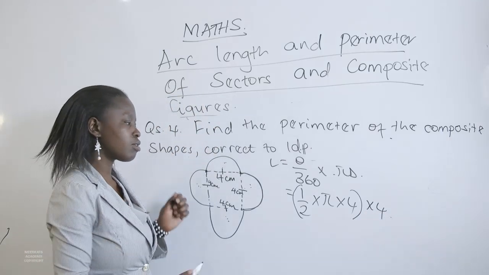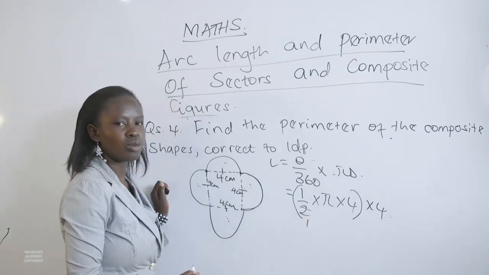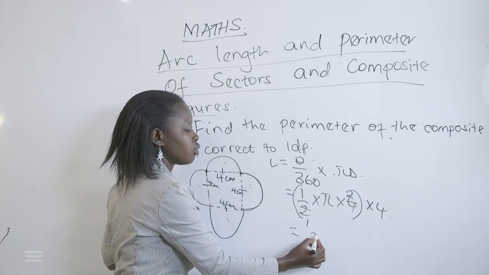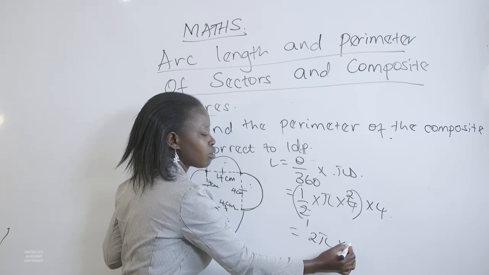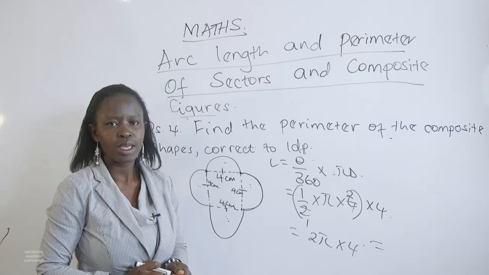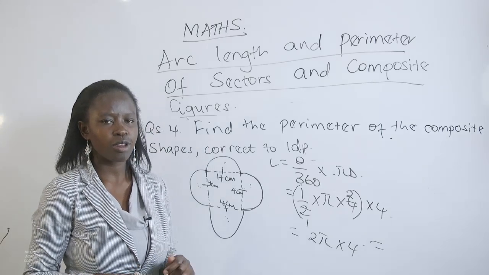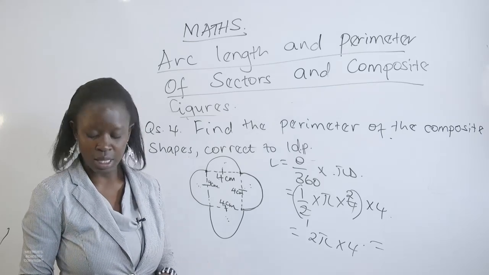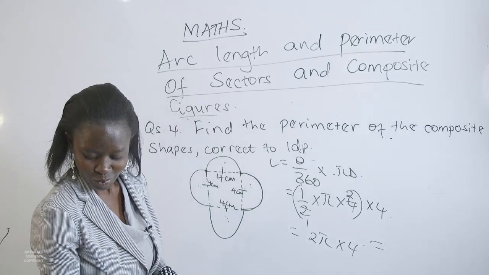If you simplify, 2 into 2 once, 2 into 4, 2, so we are left with 2 pi times 4. Let us find out from our calculators what we obtain: 2 pi times 4.